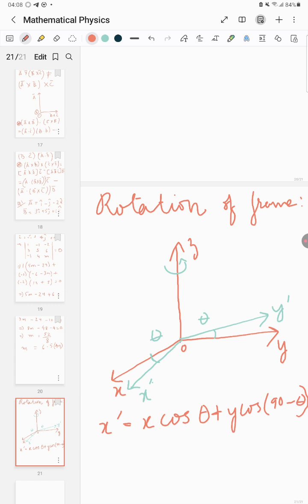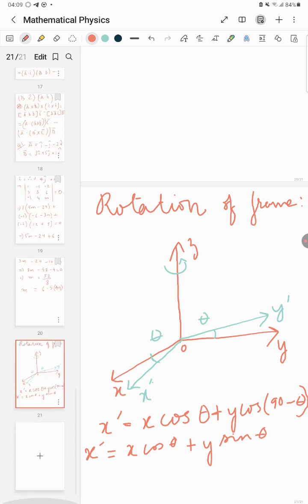So this is how we write X prime. It becomes X cos theta plus Y cos(90 minus theta), which is sin theta, so X prime equals X cos theta plus Y sin theta.